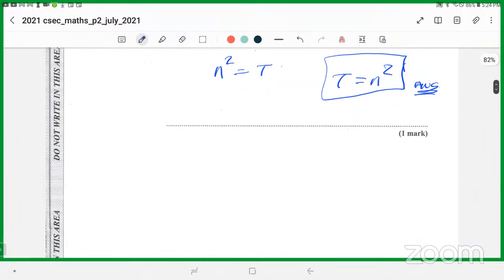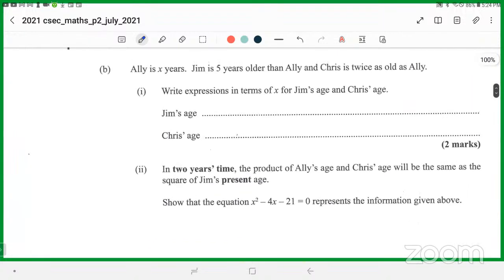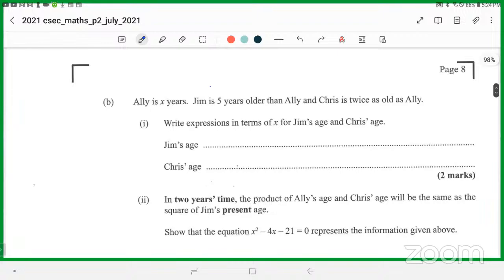What an easy question. The next part says, and I ask questions like this in PEP, yeah, they ask questions like this in PEP. It says Ali is X years. That's her age. Jim is 5 years older than Ali. So Jim is going to be X plus 5. And Chris is twice as old as Ali, so Chris is 2X.